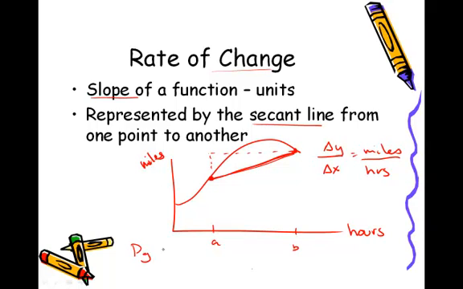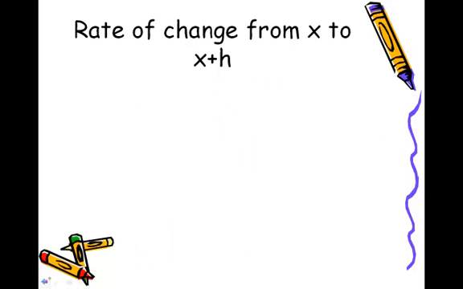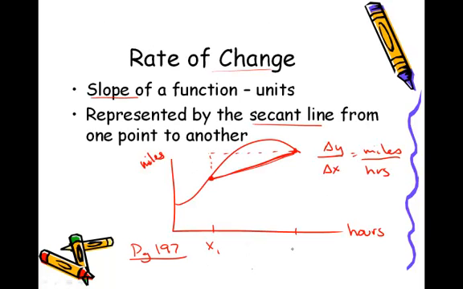If you look at page 197, this is shown quite clearly in the blue box, and they use function notation there. So they're looking at x sub 1 and x sub 2, and therefore the ordered pairs x sub 1 comma f of x sub 1 and x sub 2 comma f of x sub 2.